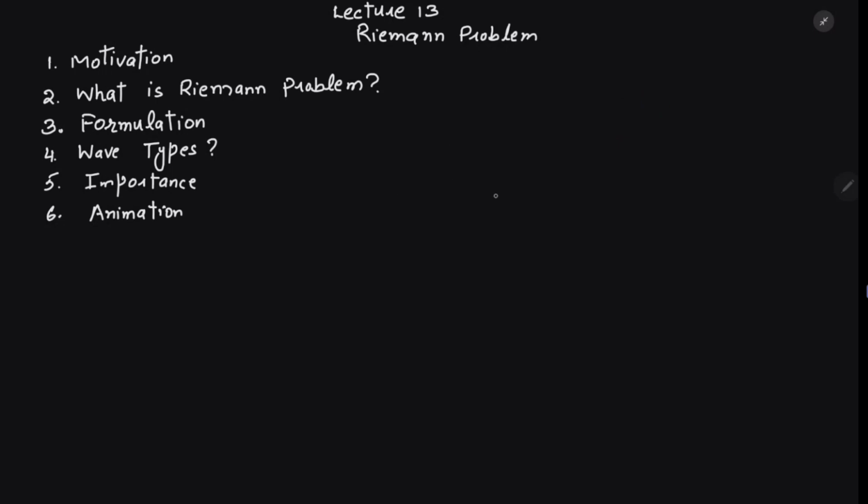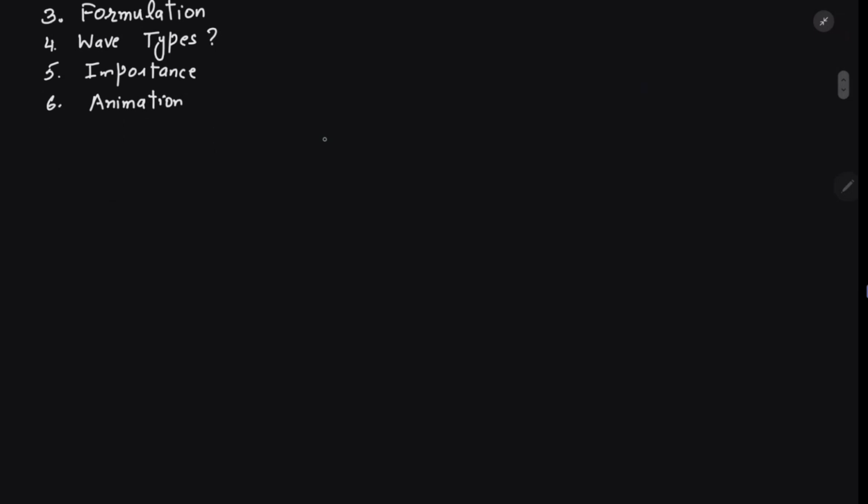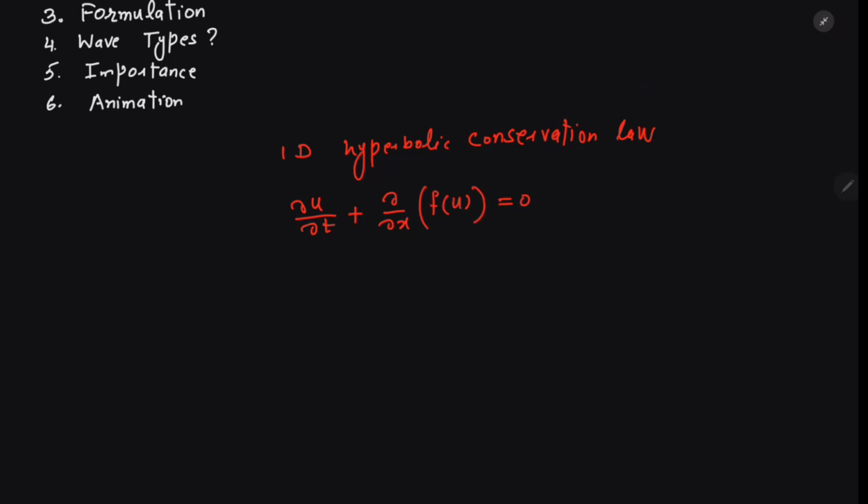We have a conservation law, for example, a one-dimensional hyperbolic conservation law, which is written like this: partial u by partial t plus partial by partial x of f of u. This is the 1D hyperbolic conservation law.